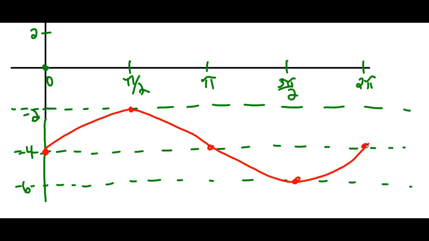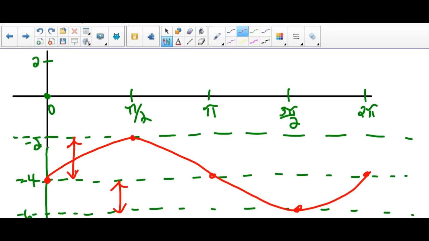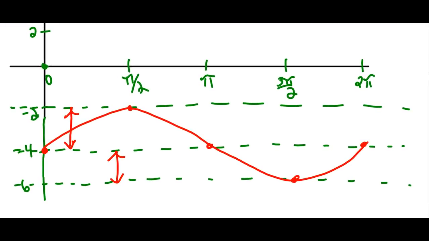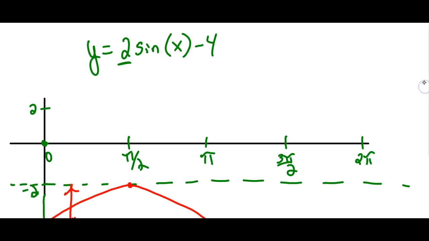And so as we look at this, the amplitude is still 2, because the amplitude is the absolute value from here to here. And that value is still 2. Or you could say it's the absolute value from here to here. Between -4 and -6, the value is still 2. And so that's what we're seeing when we look at this right here. This is our amplitude.